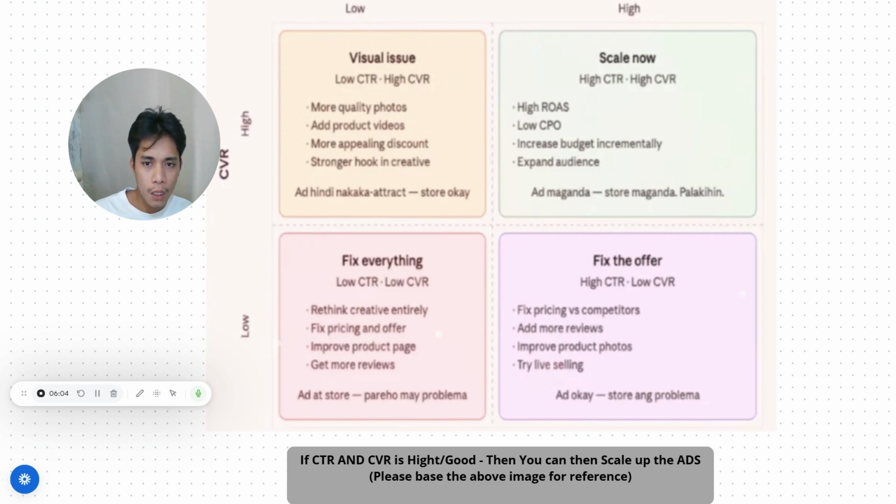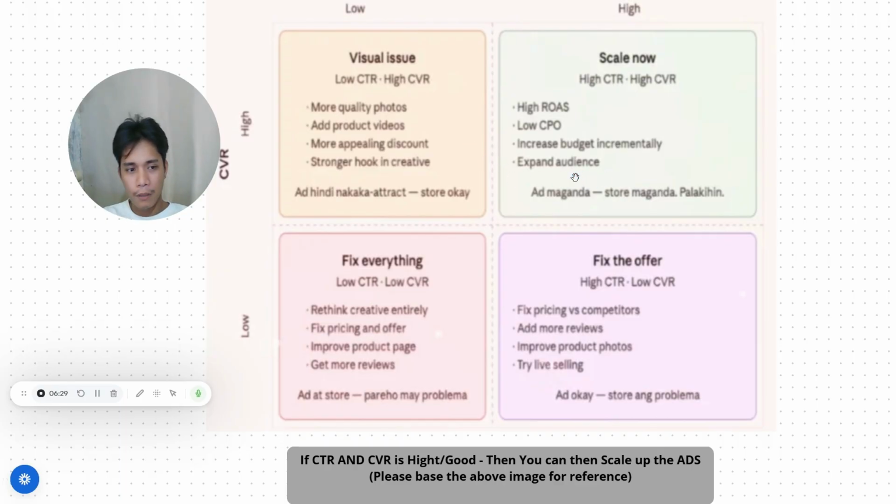So back in here, when do we know that we are ready to scale? If you have high CTR and high conversions, because of this you have high return on ad spend and low cost per order, you are then ready to increase your budget and expand your audience. So you add more ads.